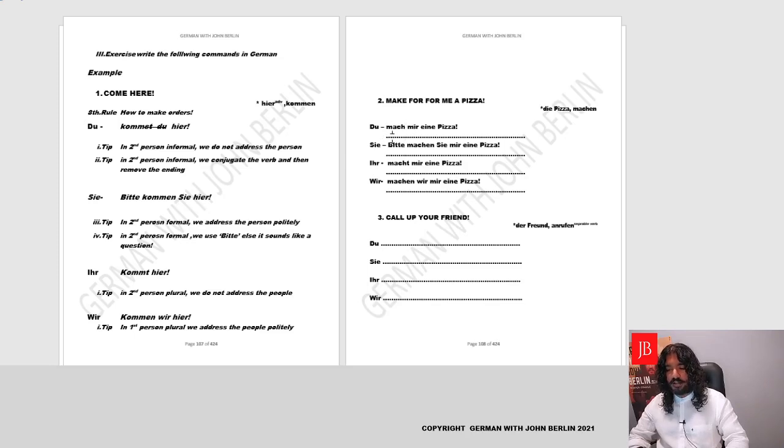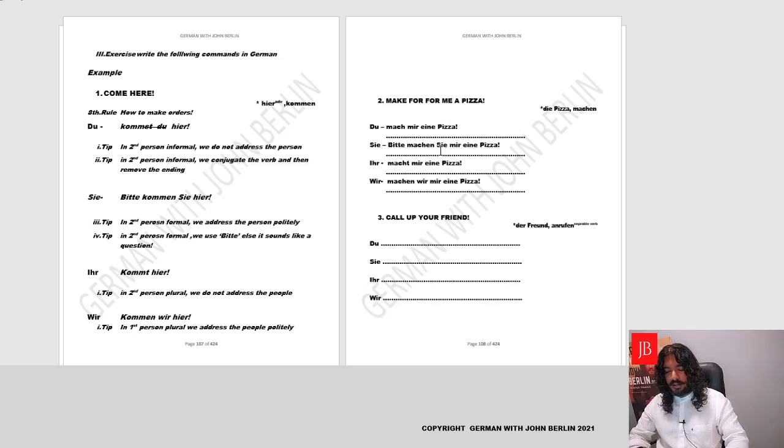Mach. Perfect. Mach. Then we'll say basically the subject, which we need to omit. So we'll not mention du. Perfect. We'll directly go to for whom, dative. For me, mir. What? Eine Pizza. Fantastic. Yes. So that's mach mir eine Pizza.